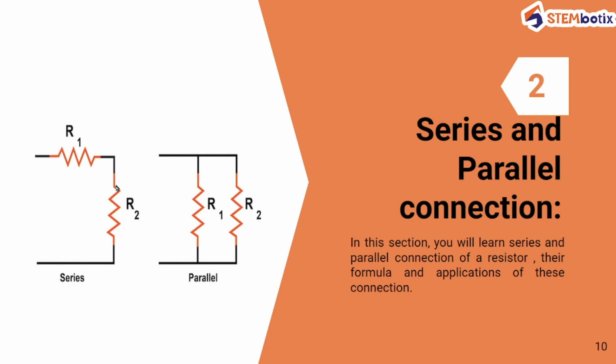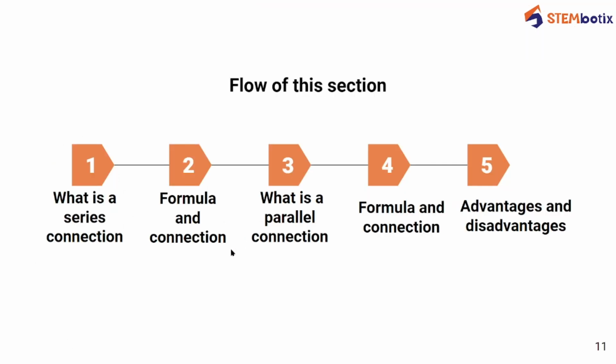So this is how a series circuit is completed, and this is how a parallel circuit is done. The flow of this section will be: what is a series connection, its formula and connection; what is a parallel connection, its formula and how one can connect in parallel; and then we will see the advantages and disadvantages.